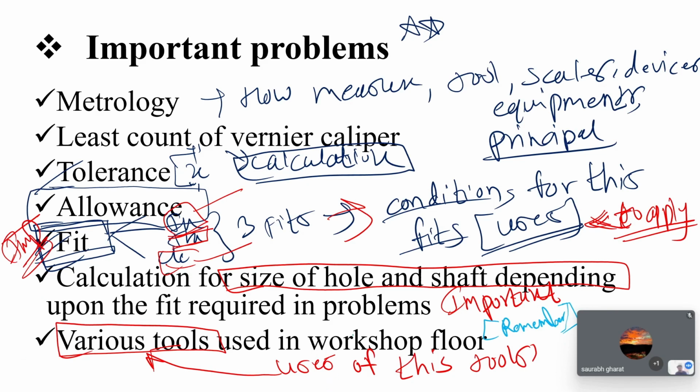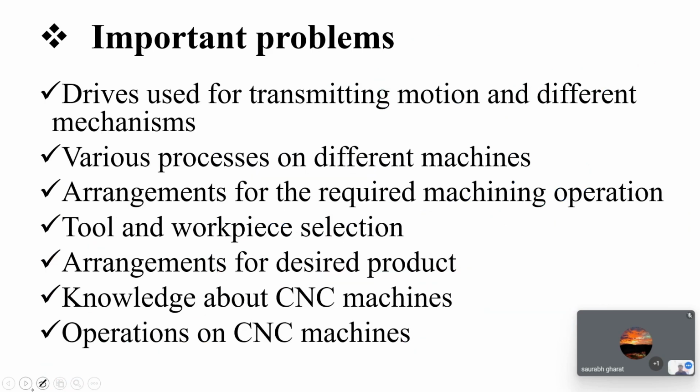Mostly you can get it in some notes, so go with the notes. You might get this part. So, various tools and uses of these tools. A drive is used for transmitting motion in different mechanisms, like the Geneva mechanism and guillotine.